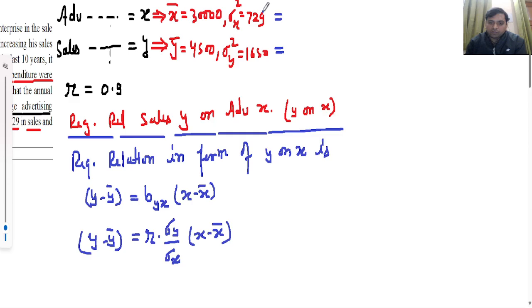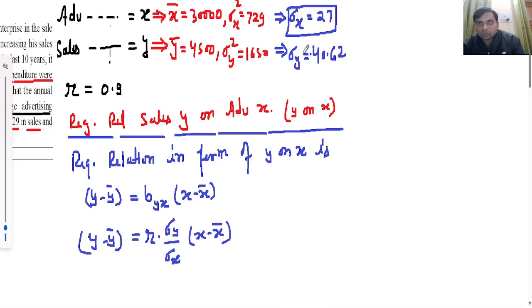By taking the square root of 729, that is 27, sigma x equals 27. And for the second one, which is 1650, its square root is about 40.62, so sigma y equals 40.62.